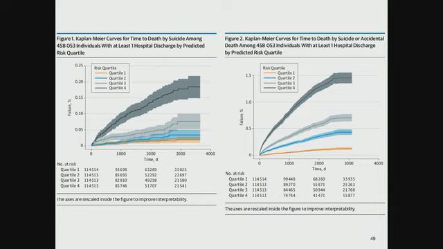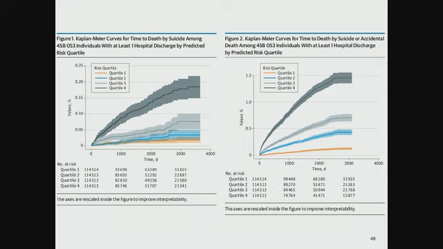And they said, well, we can use these types of terms in order to help distinguish among these patients. And what they found is that if you plot the Kaplan-Meier curve for different quartiles of risk for these patients, you see that there's a pretty big difference between the different quartiles.